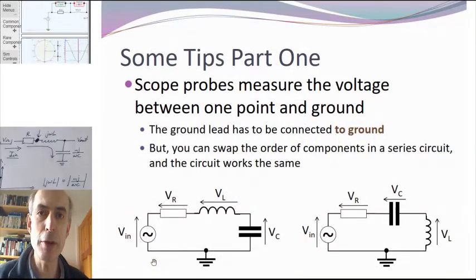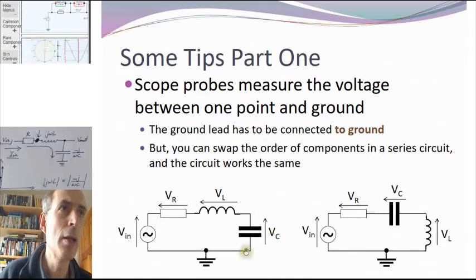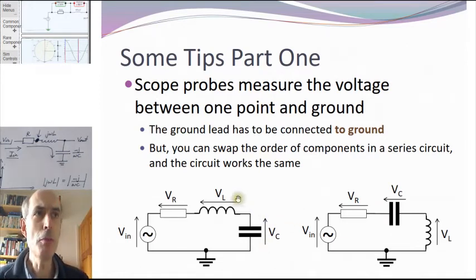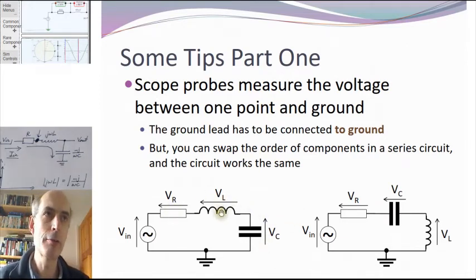Okay, some tips and reminders for this lab. Do remember, the scope probes measure the voltage between one point and ground, and it has to be between one point and ground. So if you want to measure the voltage across the resistor, the voltage across the inductor, and the voltage across the capacitor all at the same time, you can't.